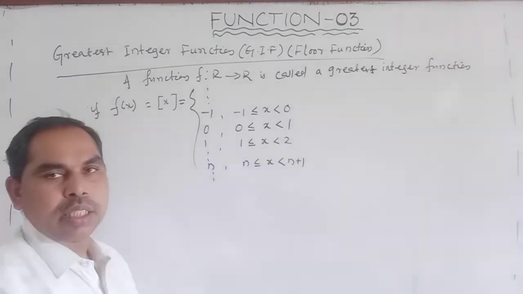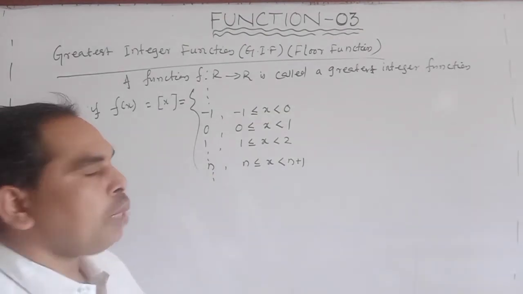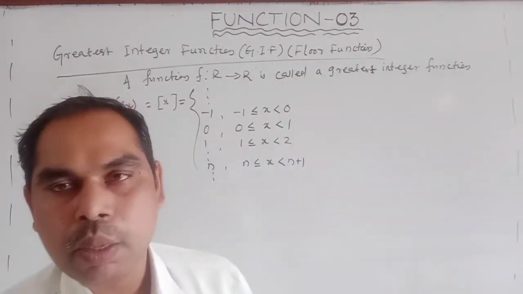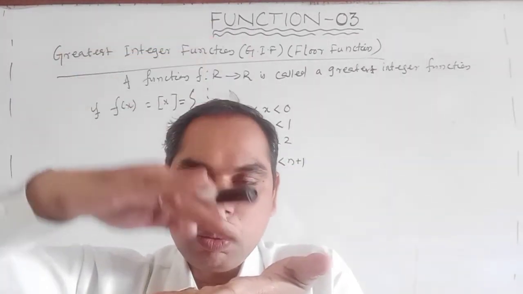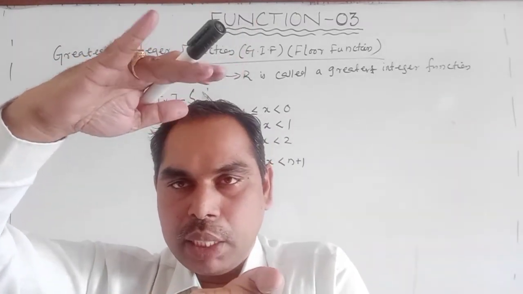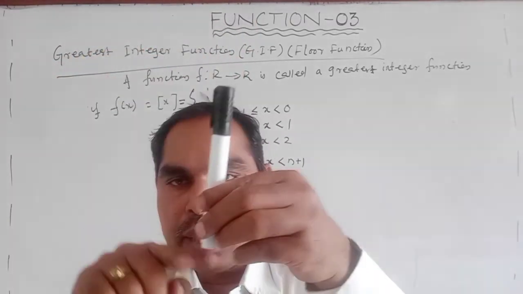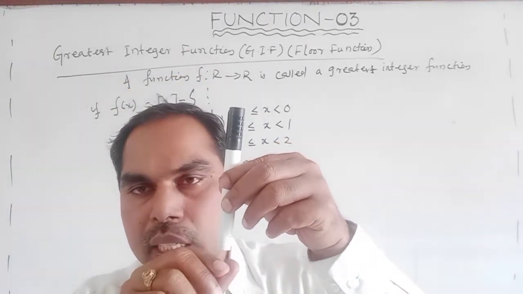That means when x lies between -1 and 0, this is one integer and this is another integer, so they are consecutive integers. When x lies between -1 and 0, this is -1 and this is 0, and the square bracket of x means we take the -1 value.